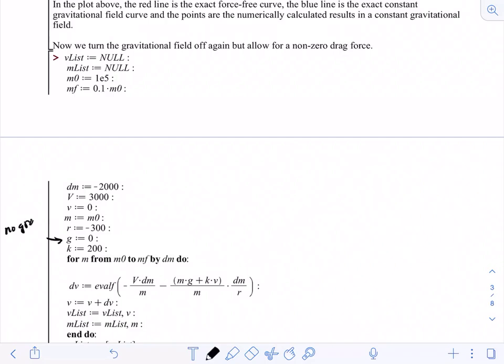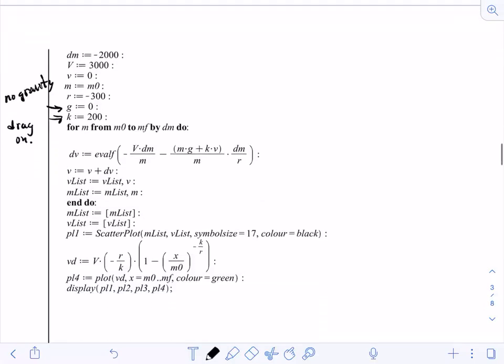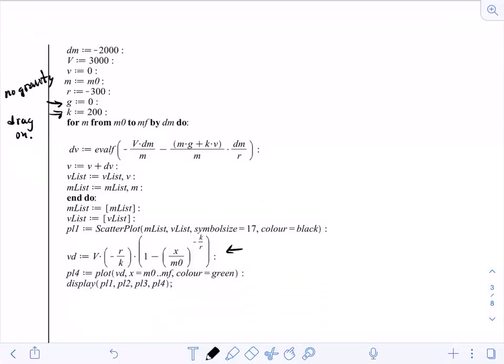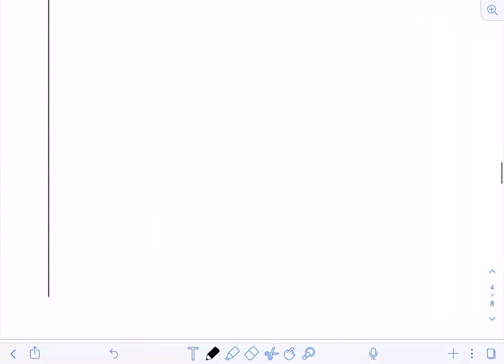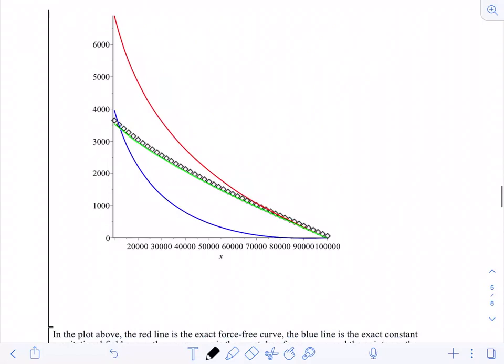Next, we do no gravity, and we turn on drag. Drag is on. We run the exact same simulation, and again we have an exact solution to compare to. When we do that comparison, the green line is the exact solution, and the dots are our numerical solution, and again we get good agreement.